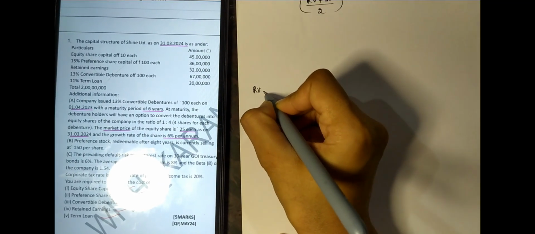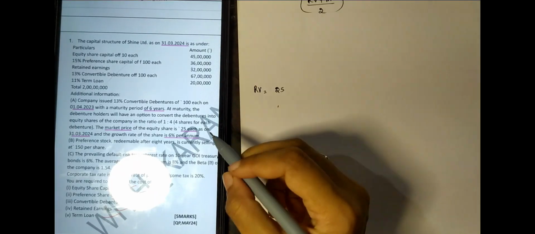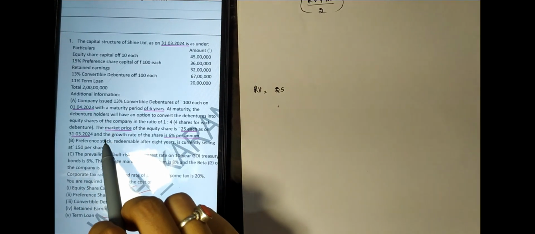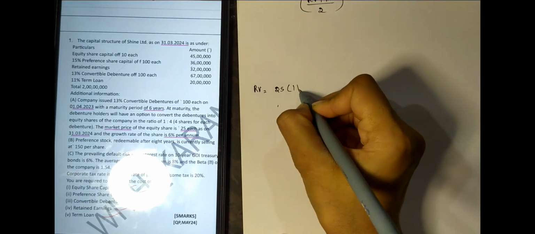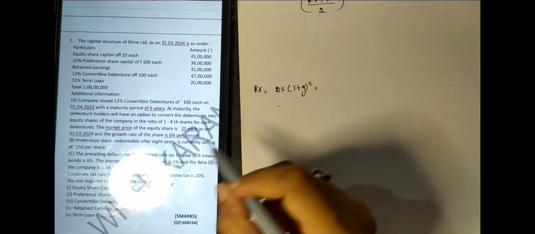So the redemption value is going to be the market price of equity shares. As of 2024 it is 25. So after 5 years, the value is 1 plus growth, whole to the power 5.